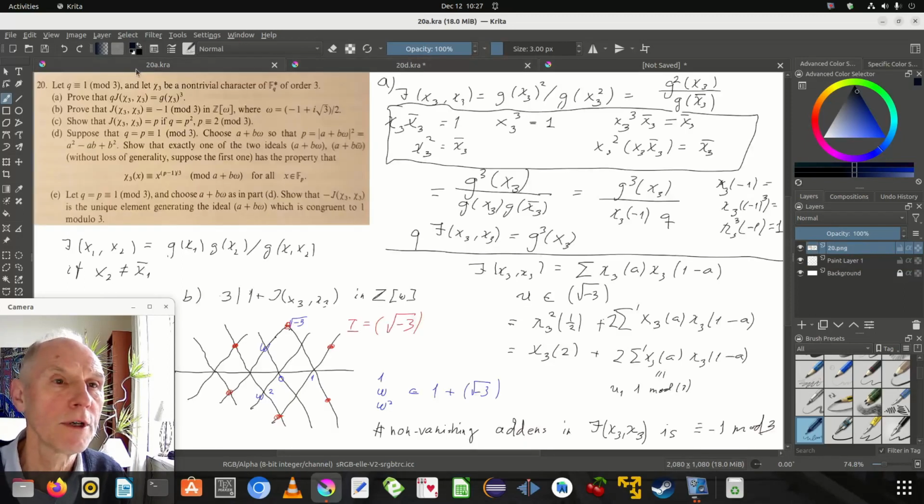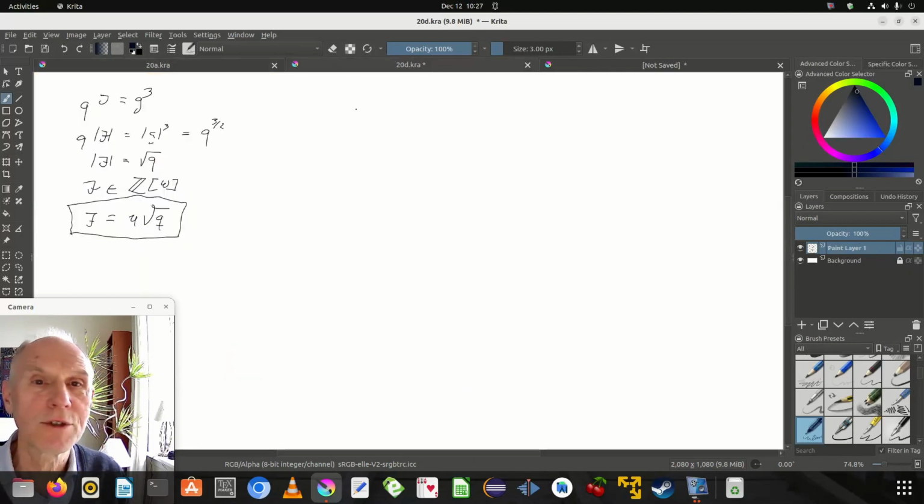Now, what was the question? Oh yeah, this gives a circumspect proof that square root Q lies in Z extended by omega. That's a long way. We'll just check it using the quadratic extension here.